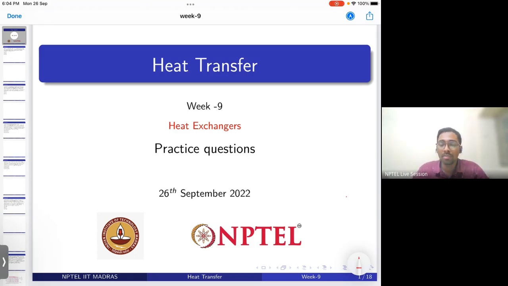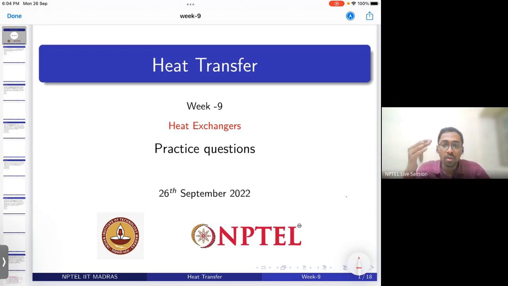The LMTD method we can only use when the exit temperatures are known. For example, if either exit temperature of the hot or cold fluid is known, we can use the LMTD method, because by the energy balance we can find the exit temperature of the other.